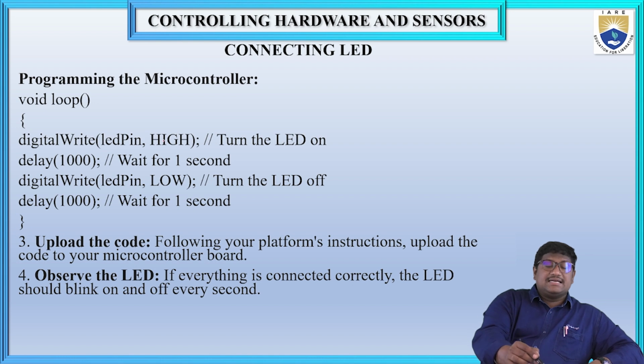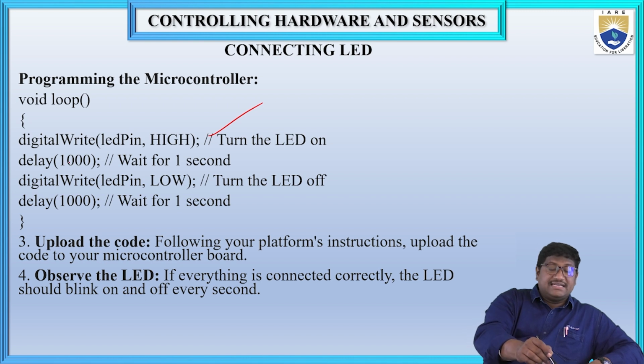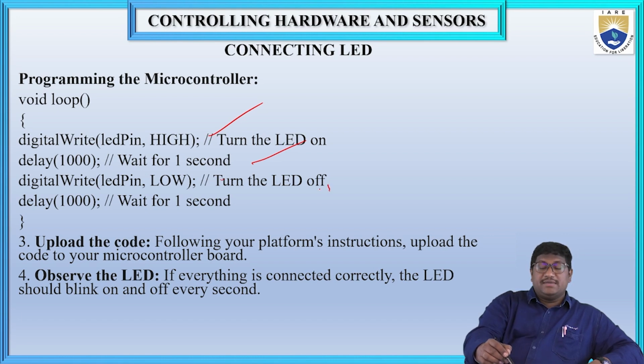In this, digitalWrite LED pin HIGH means the light is going to be on, and then delay 1000, wait for 1 second. Then digitalWrite LED pin LOW, the light is going to be shut off, and delay, wait for 1 second, and upload the code.